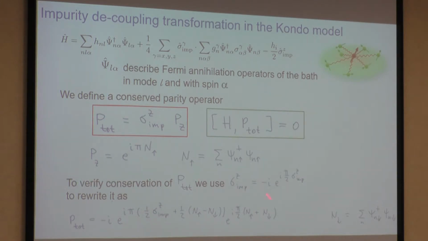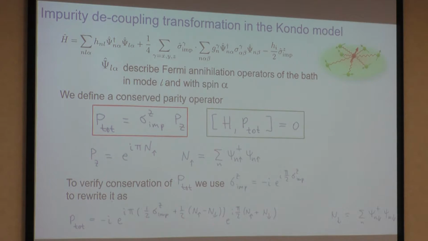Therefore, sigma z itself is nothing but a rotation around the z-axis by pi, and the 1/2 just comes because the spin is 1/2 times the Pauli matrix. On the other hand, if I look at this parity operator, e^{i pi n_up}, I can write it as a sum of two contributions, where I have n_up minus n_down and n_up plus n_down. And n_up plus n_down is just the total number of particles, that's conserved. So that clearly commutes.